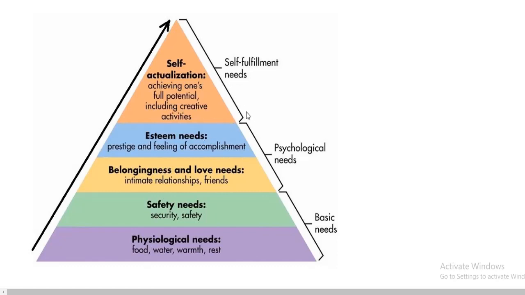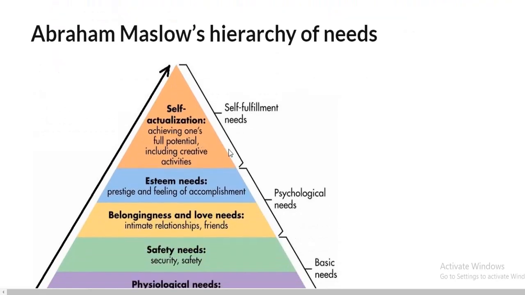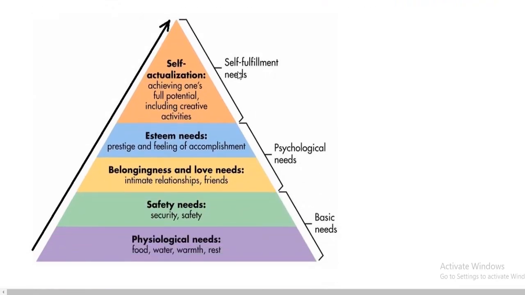And right at the top of this pyramid, the hierarchy of needs, we find the self-fulfillment needs, which are specialized in self-actualization, which is understanding yourself, estimating yourself at a very high level, achieving one's full potential. That means this is what I want, this is where I should belong, including creative activities or being creative.